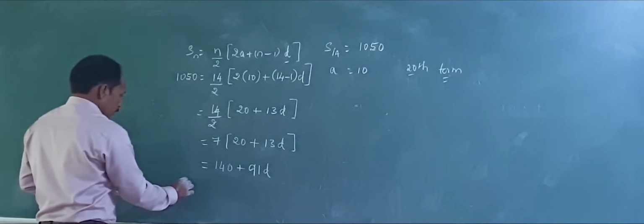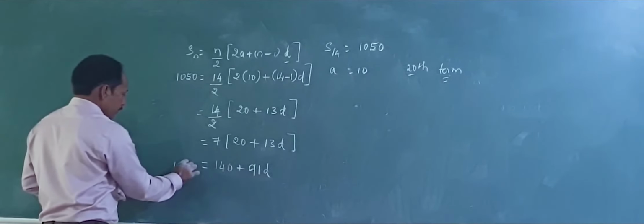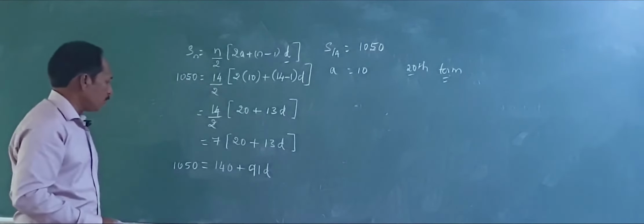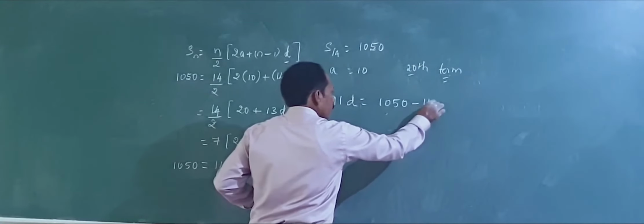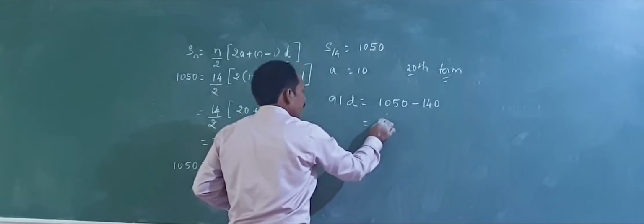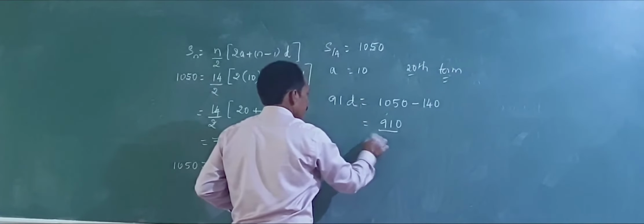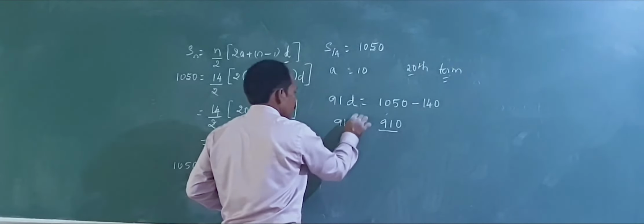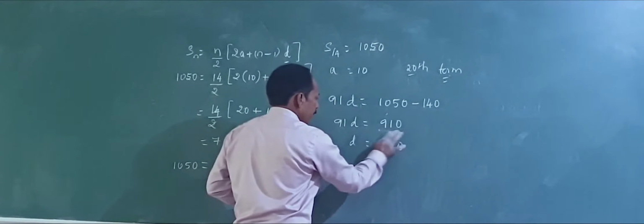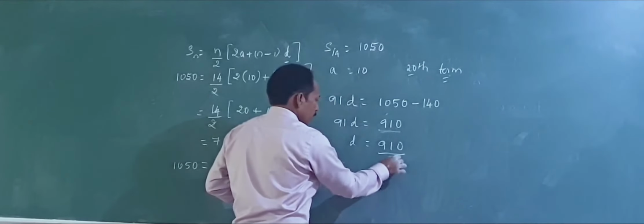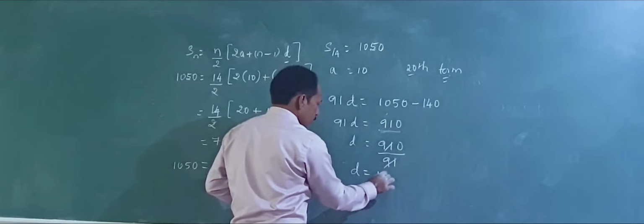So 1050 equals 140 plus 91d. Therefore 91d will be 1050 minus 140, which is 910. So d will be 910 divided by 91, which cancels, so d equals 10.